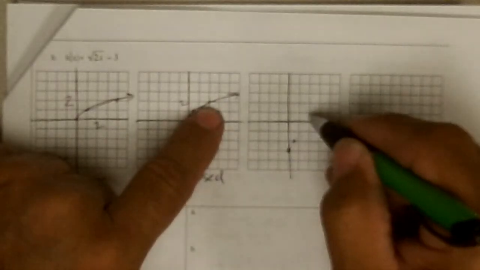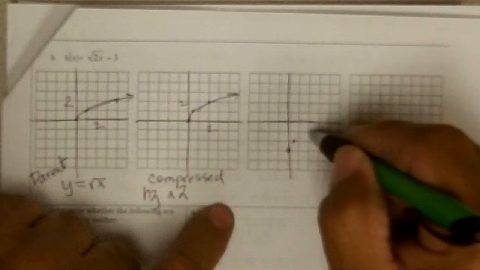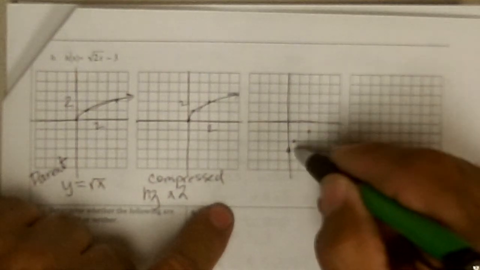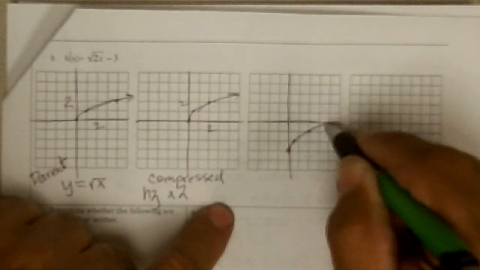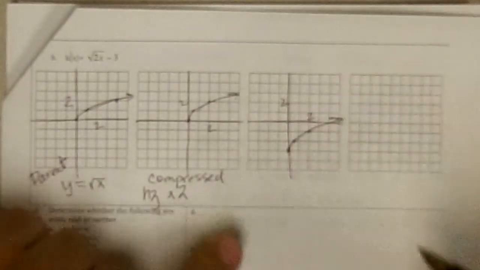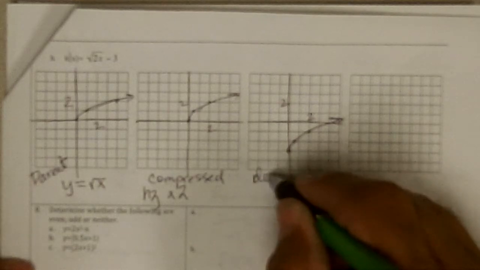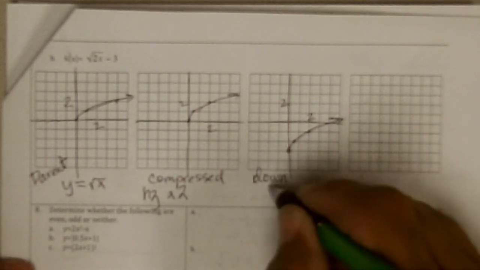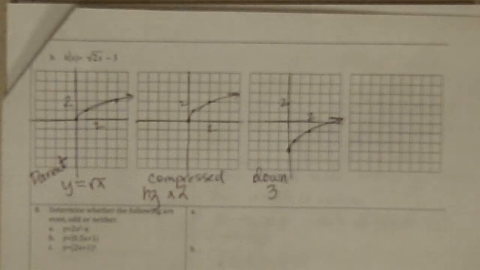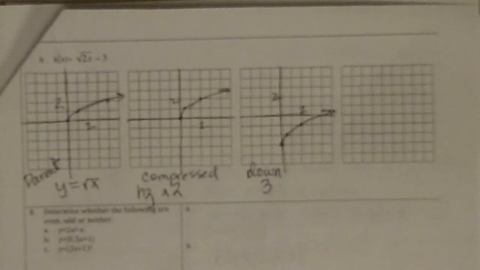And where it's at 2, 2, it goes down 3, so it's at 2, minus 1. It's moved down 3 units. And that would be B.